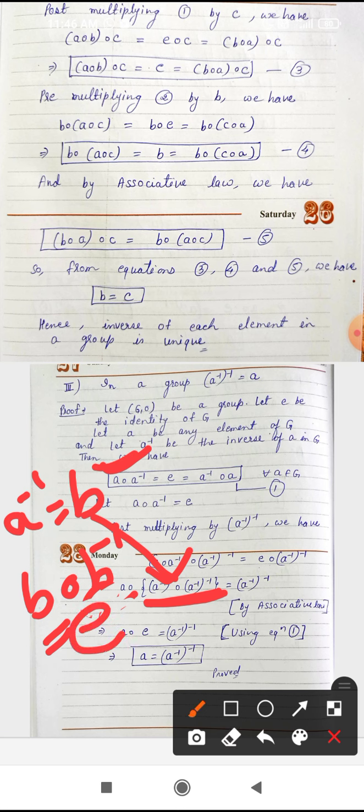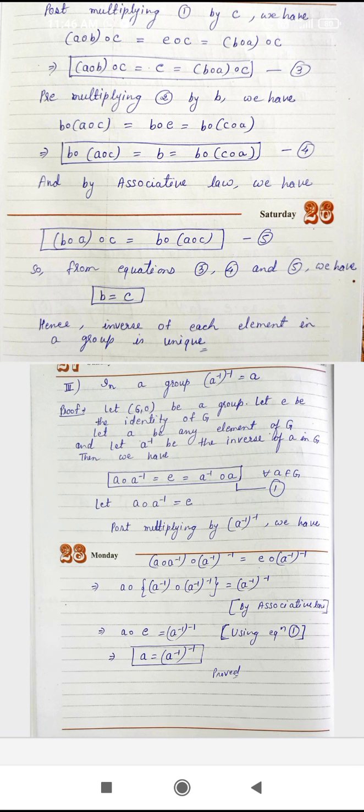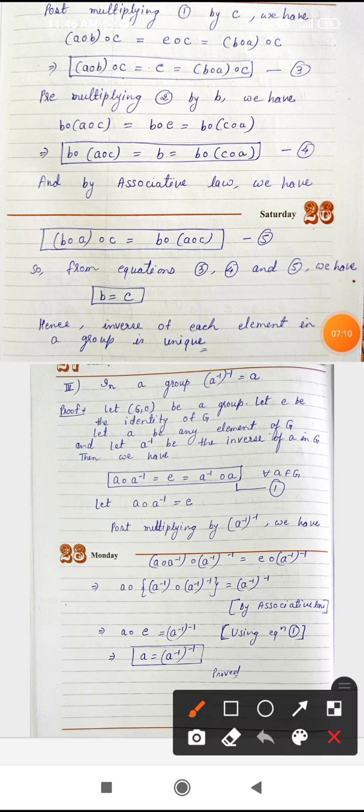So a inverse operation a inverse whole inverse becomes identity e.